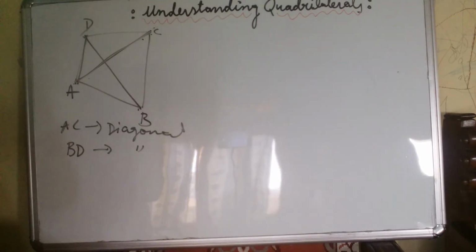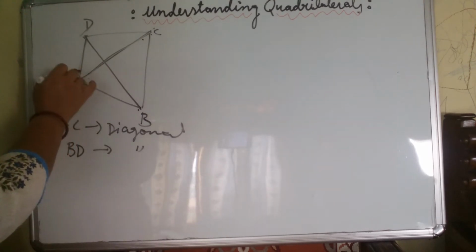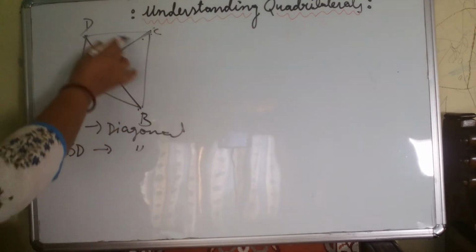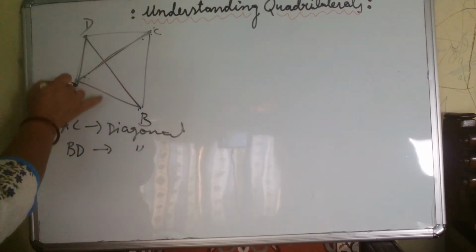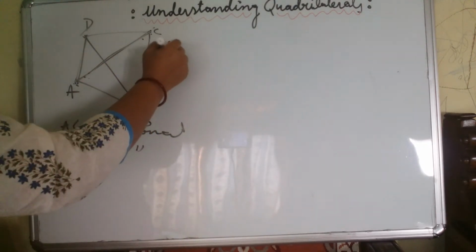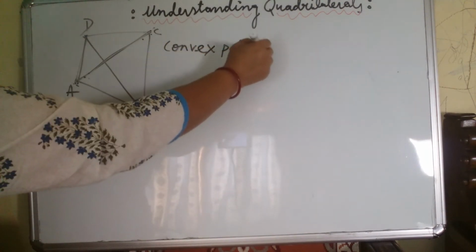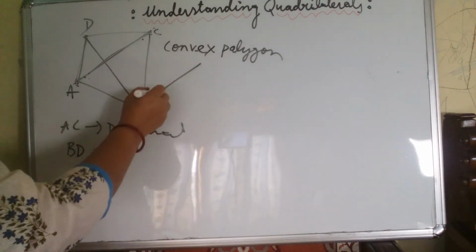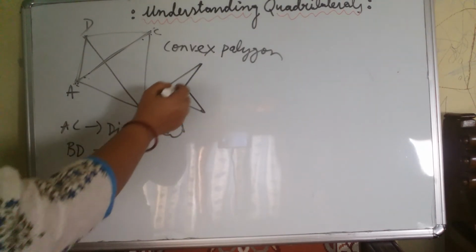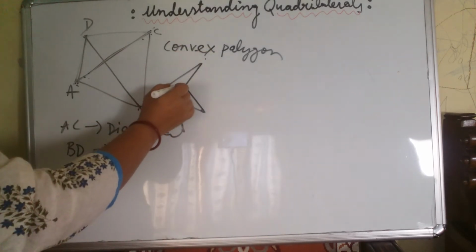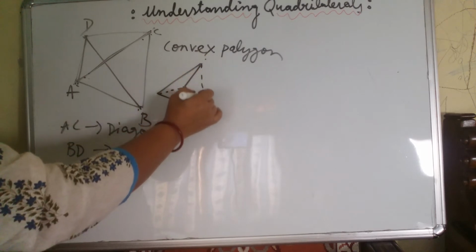Now, if all the diagonals of this quadrilateral lie inside this polygon, then it will be named as convex polygon. If I draw a polygon like this, one diagonal it will have this one, another diagonal it will have this one.